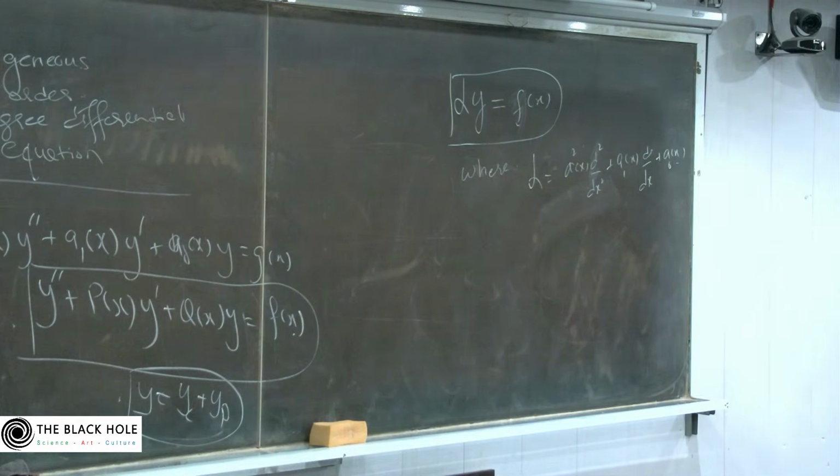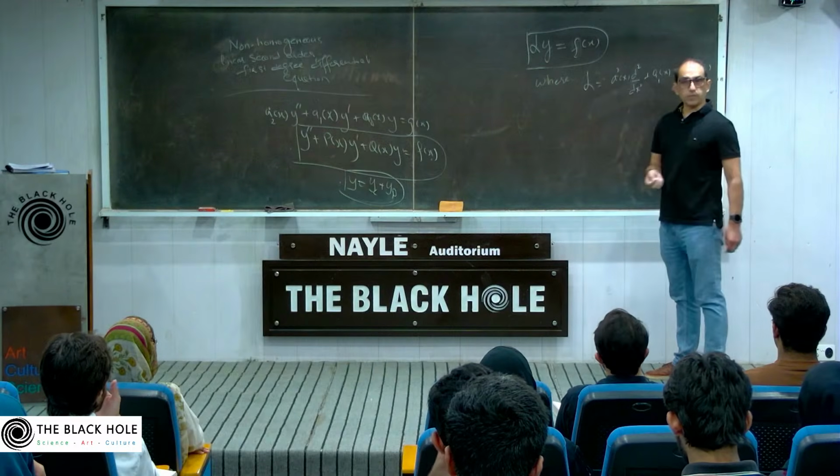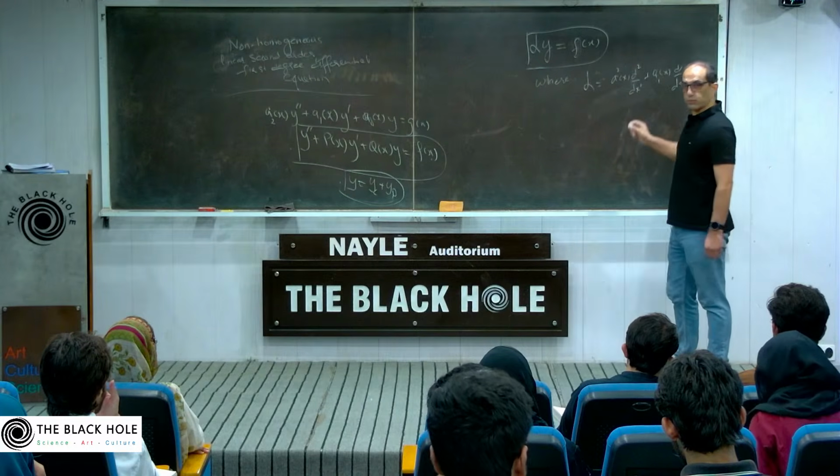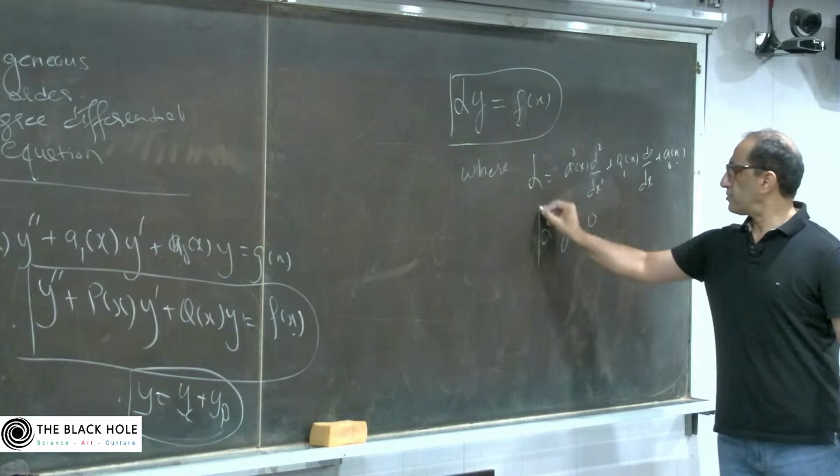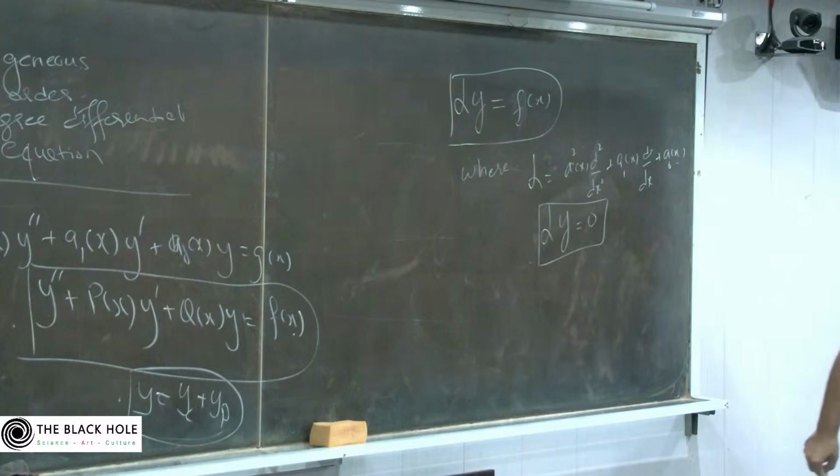Is that okay? So in the homogeneous case, how would I write this equation? Ly is equal to 0.